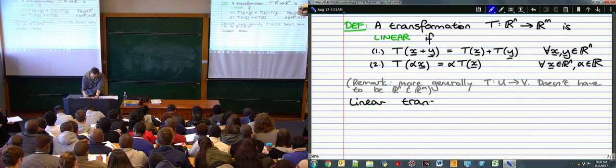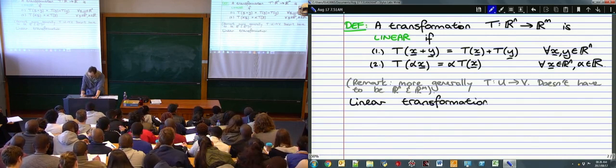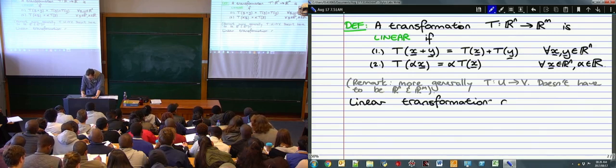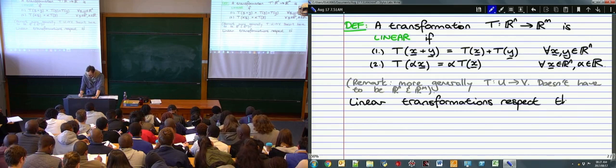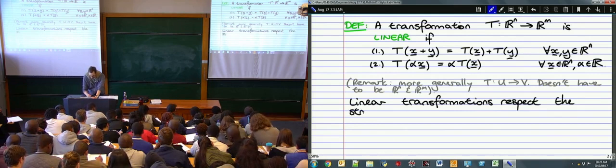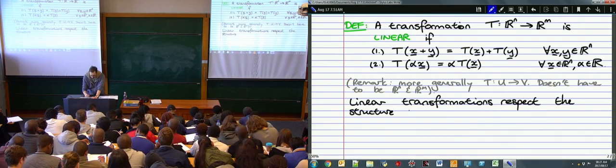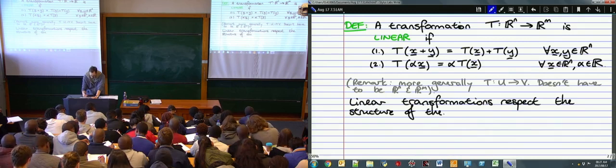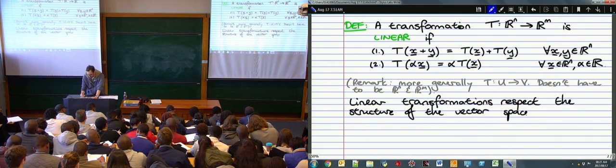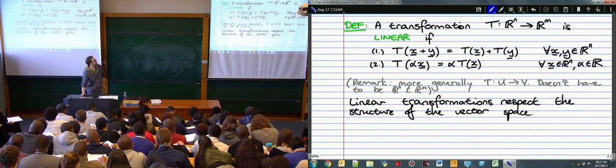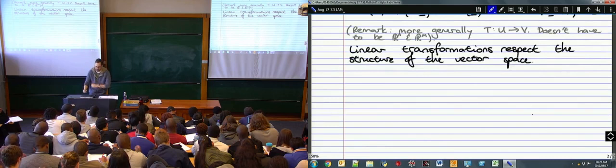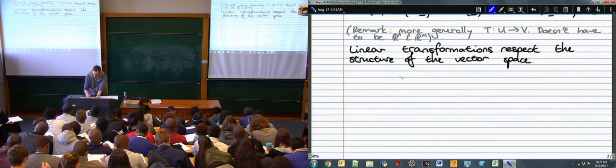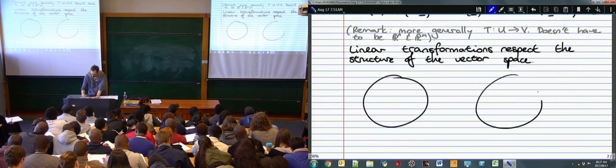Let's just say linear transformations respect the structure of the vector space. So if we have, let's just draw a really sort of very abstract picture, I suppose.